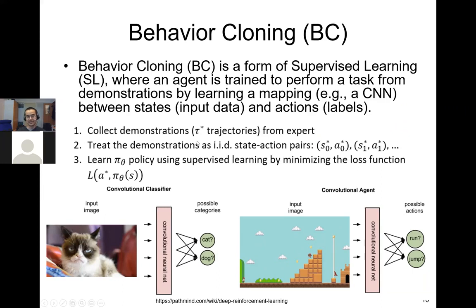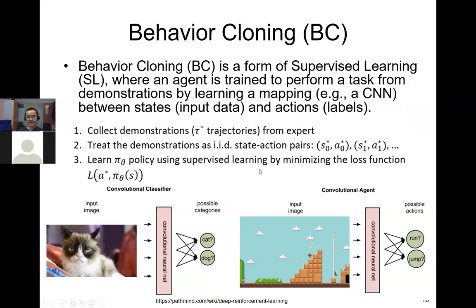So you collect demonstrations, trajectories from an expert, maybe an expert game player, and you treat the demonstrations as IID state-action pairs. State 0, you take action 0. Star means that it's the expert action, so it must be optimal. State 1, you take action 1.